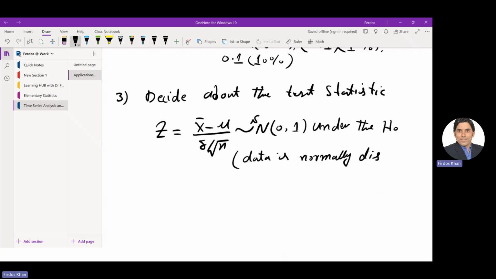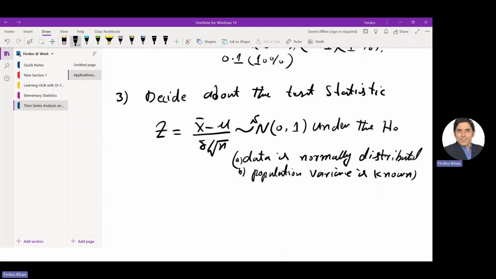So the population data is normally distributed. And another assumption is that the population variance is known. So in this case, we can use the Z distribution.